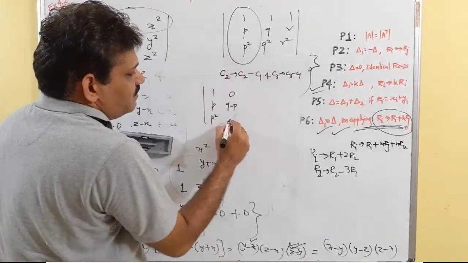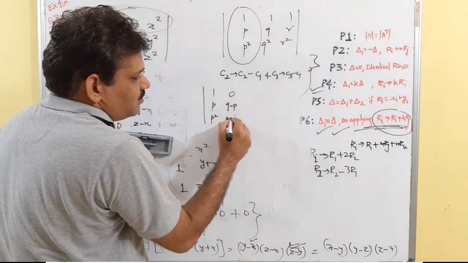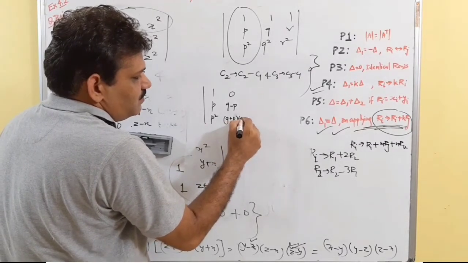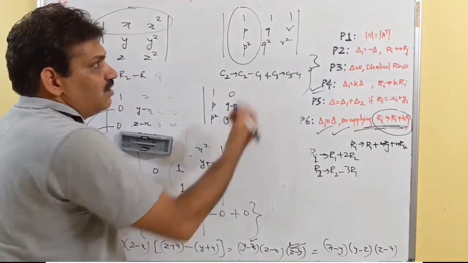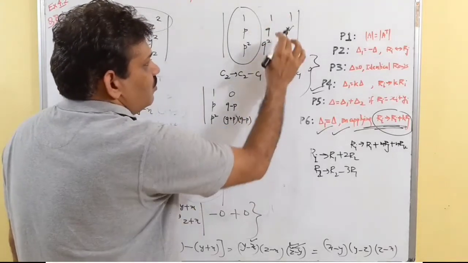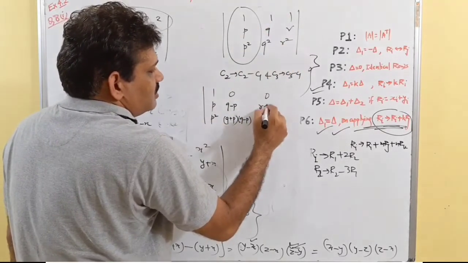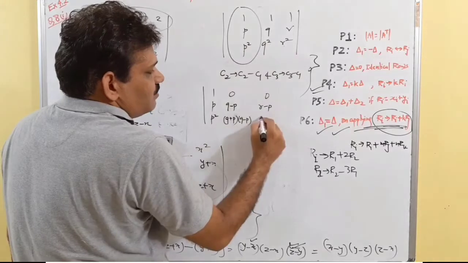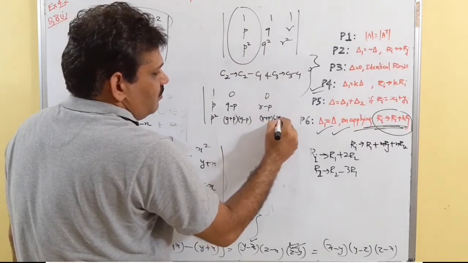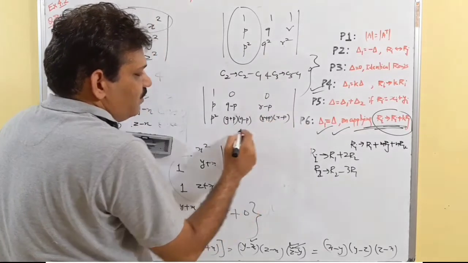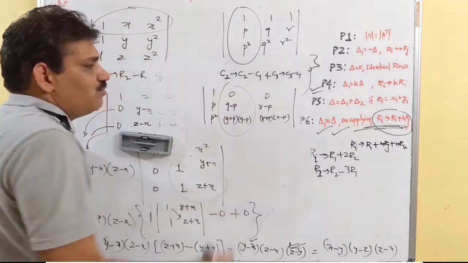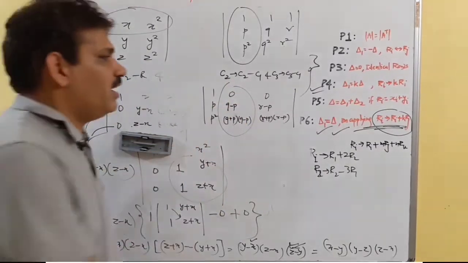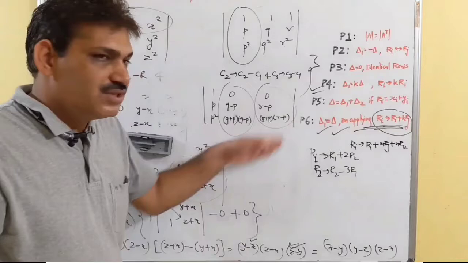Now q square minus p square. Q square minus p square can be factorized as q plus p into q minus p. Now 1 minus 1 is 0. R minus p. R square minus p square is r plus p into r minus p. Now what we'll do? We'll take common q minus p from C2 and r minus p from C3.